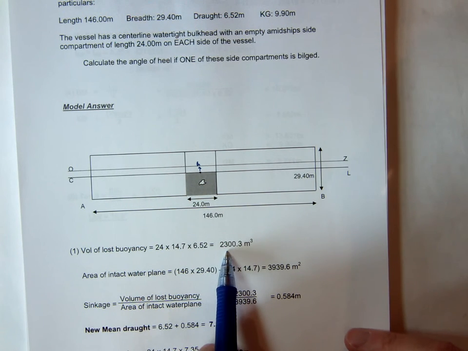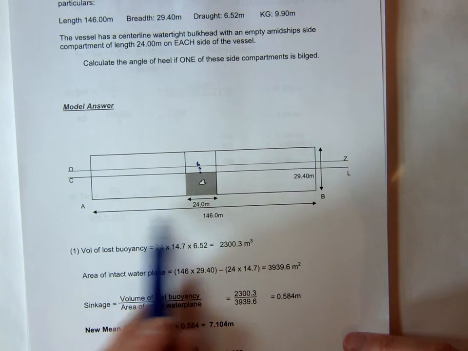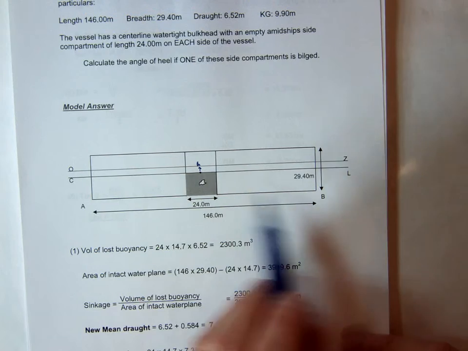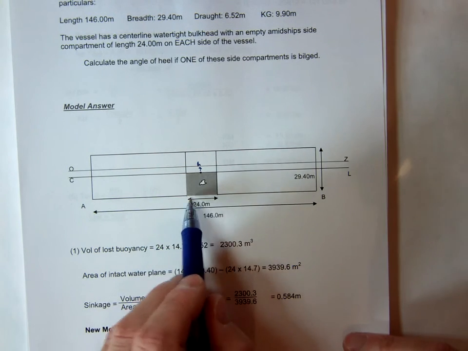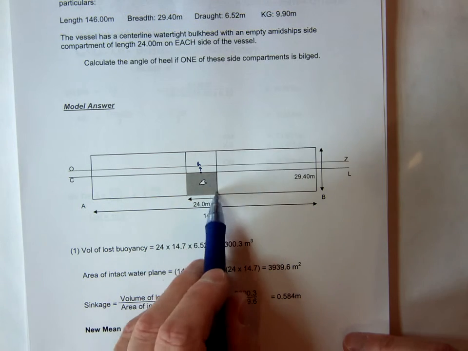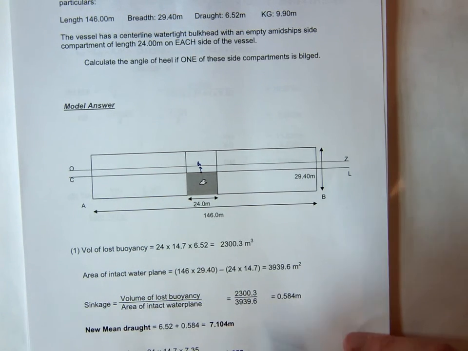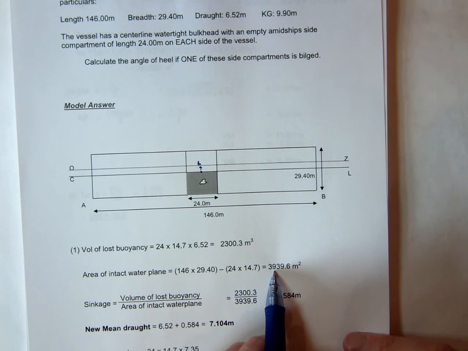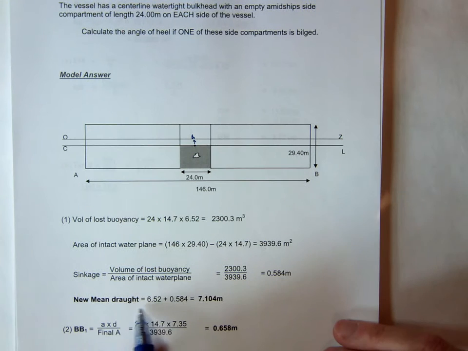Area of intact water plane is 146 times 29.4 minus 24 times 14.7. By doing a sketch, you'll ensure that you don't make a mistake with these measurements. So there's our intact water plane. Sinkage is 0.584. So our new mean draft is 7.104.